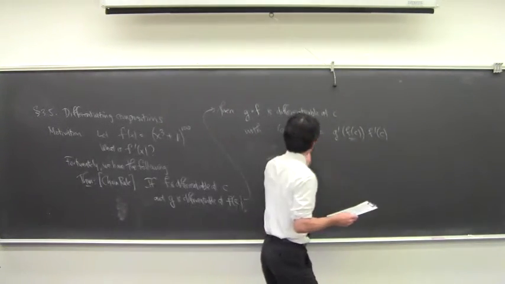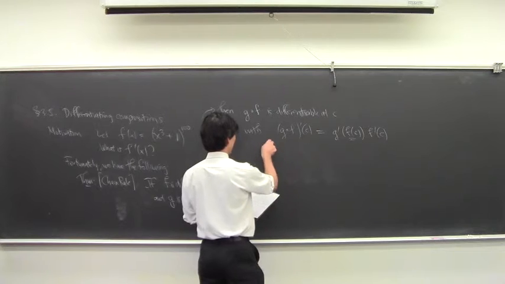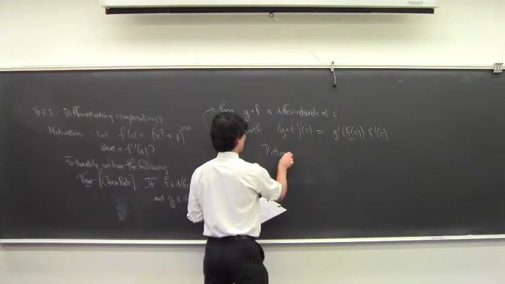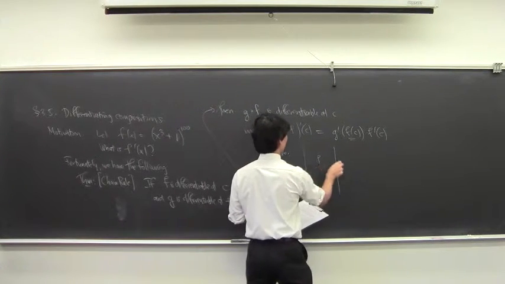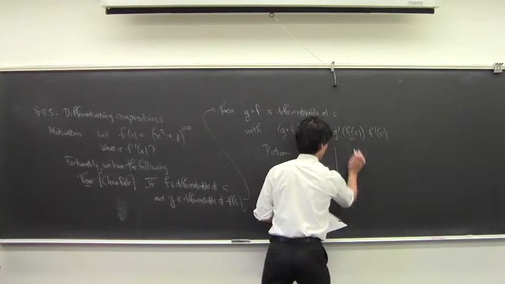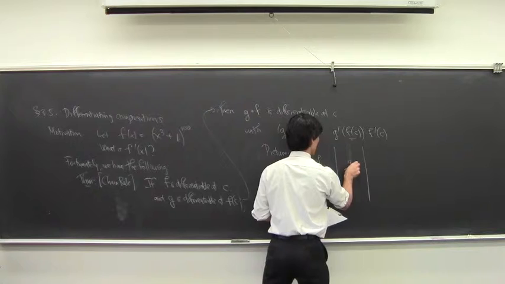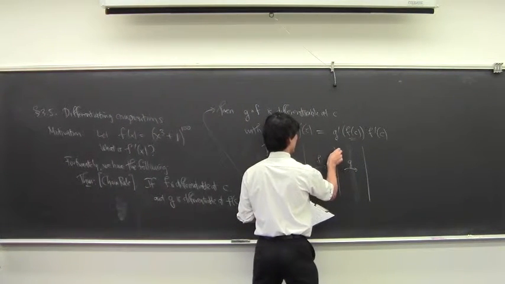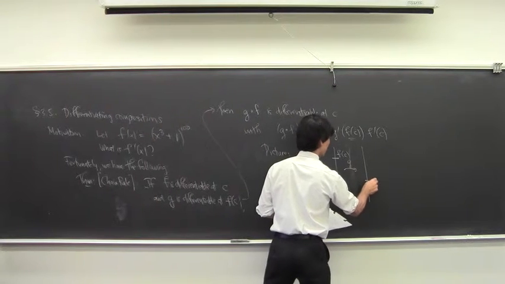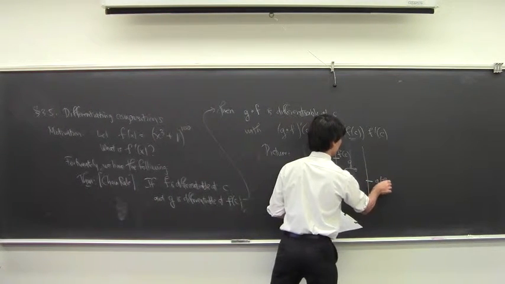So the picture you keep in your head is like this. The first function is f, the second function is g. Here is c. C gets mapped to f of c, and f of c gets mapped to g of f of c.